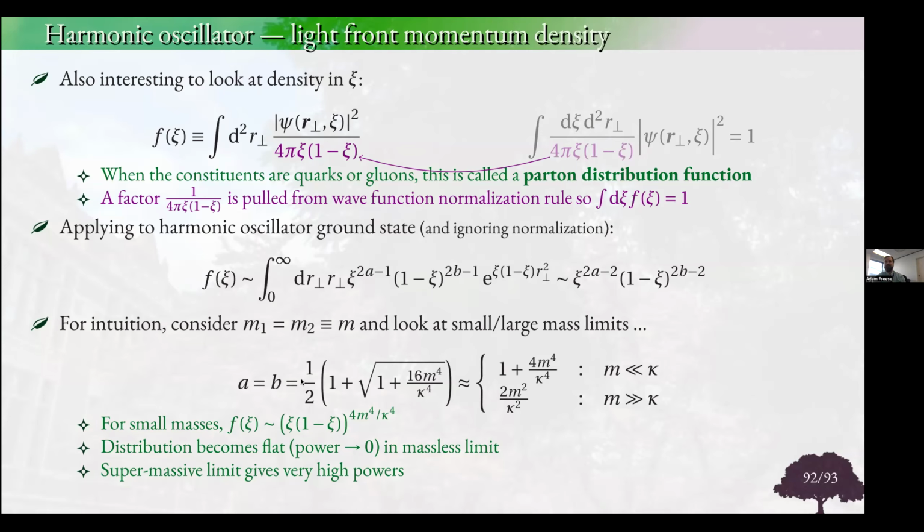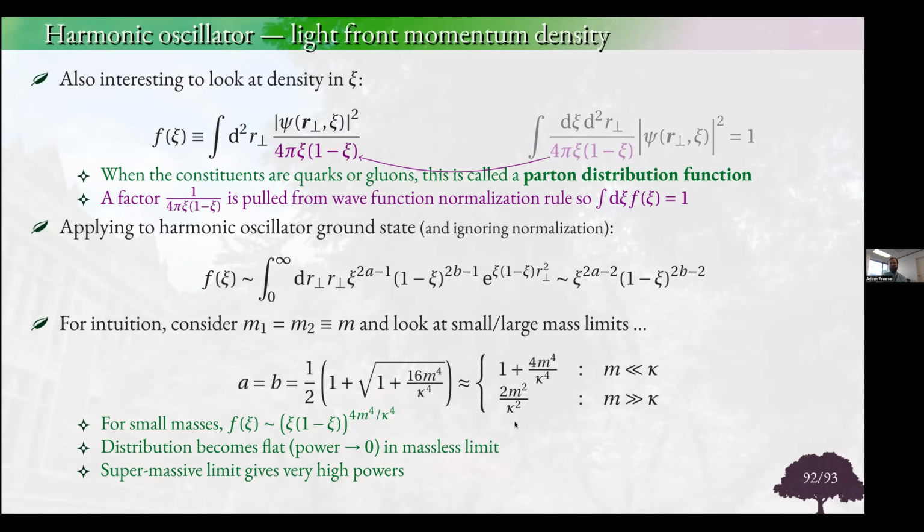And then for the large mass limit, you just neglect the one here, and you can even neglect this other one. So you end up with 1/2 times the square root of this quantity, which is how you get this.